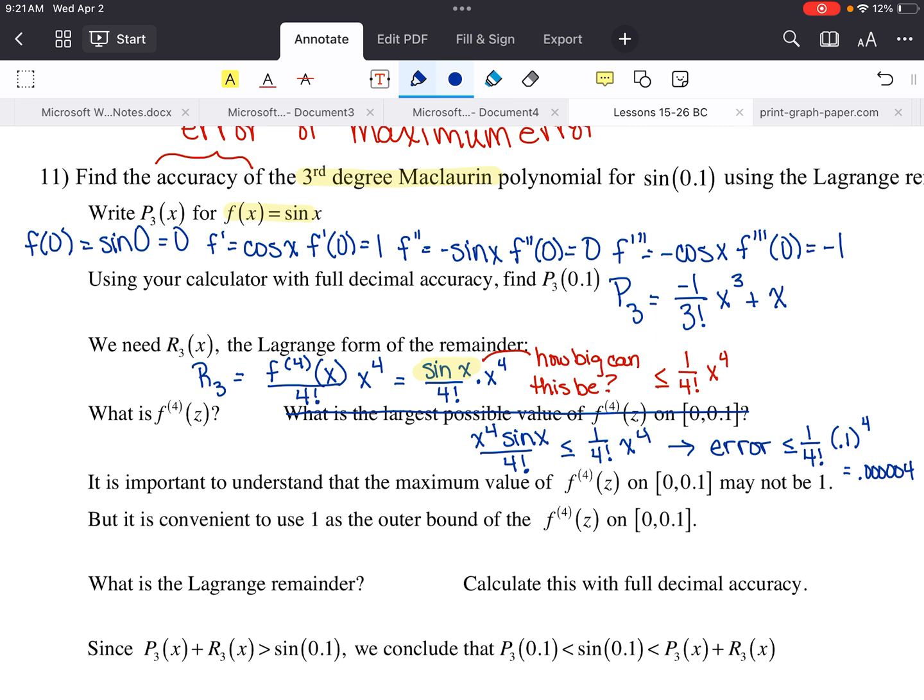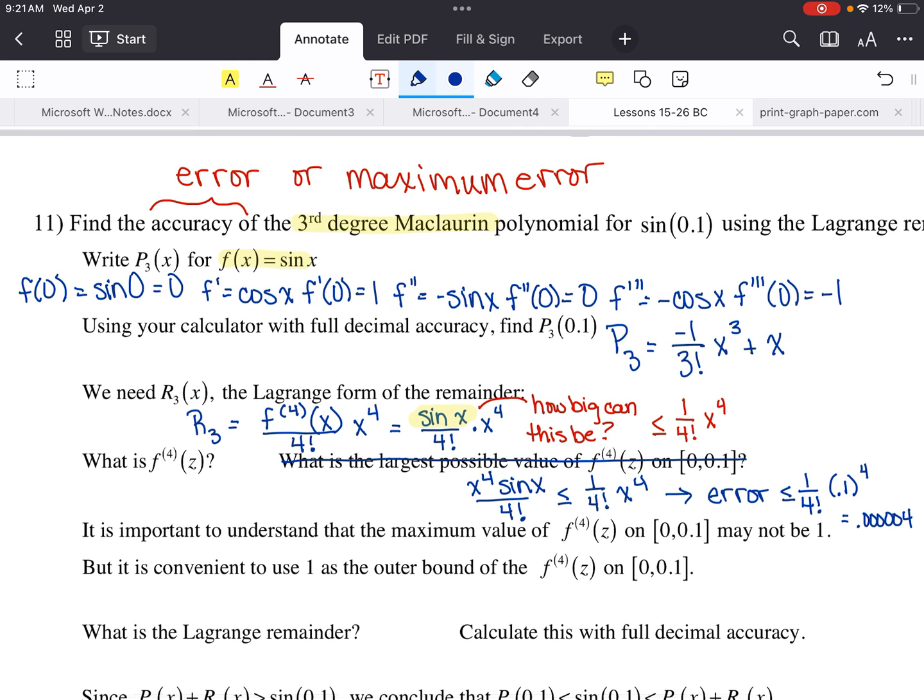Well, I know sine only goes from negative 1 to 1, ever anyway, because I know what the graph looks like. But also, think about what part of the graph we're looking at here. I'm centering this at 0, and I'm estimating at 0.1.